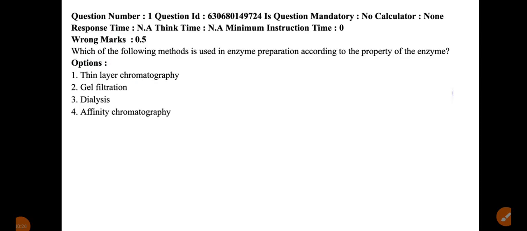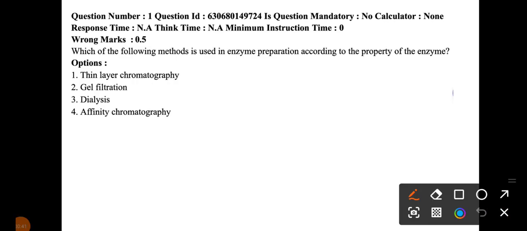So the first question is, which of the following methods is used in enzyme purification according to the property of the enzyme, right? So what are the options? Thin layer chromatography, gel filtration, dialysis and affinity chromatography, right? So what is the answer over here? First we will discuss TLC, right?